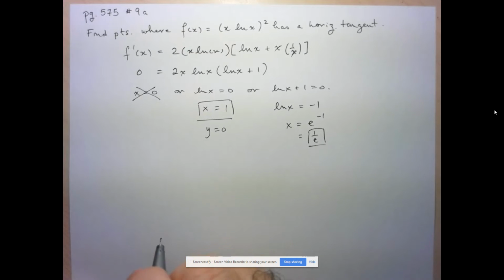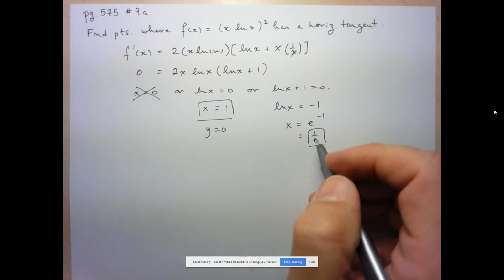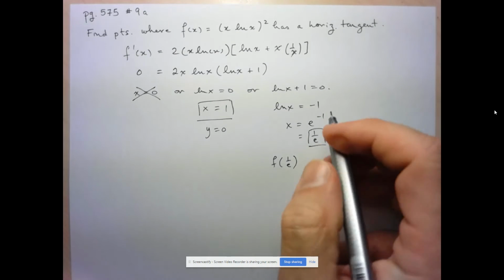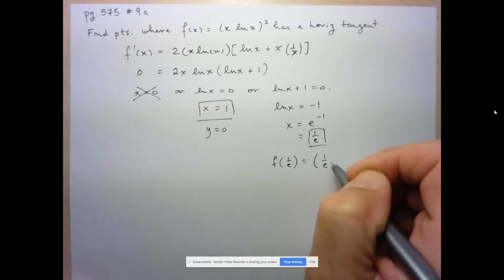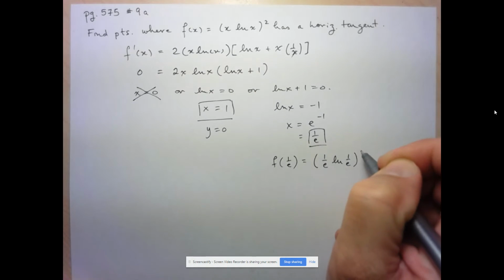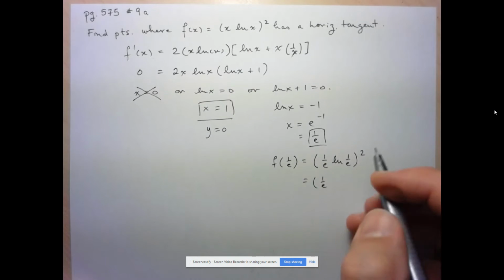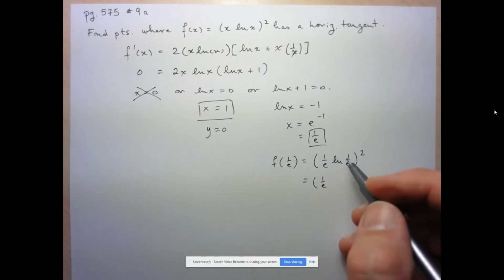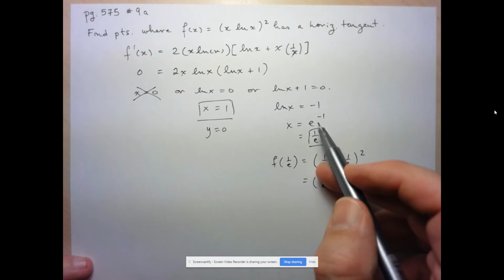Now let's take this and put it in the equation and solve for f at 1 over e. So f at 1 over e is equal to, what do we have? We have 1 over e times ln of 1 over e, squared. Let's figure out what this is equal to. This is like ln e to the -1. I actually probably should have left it in this form.